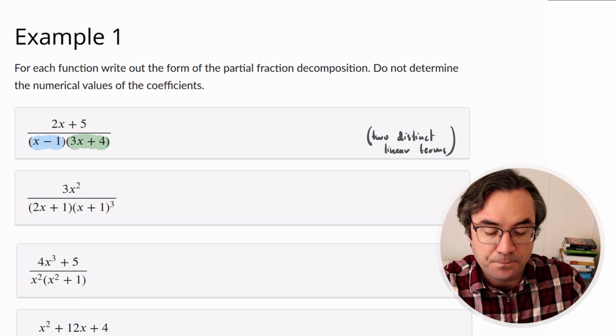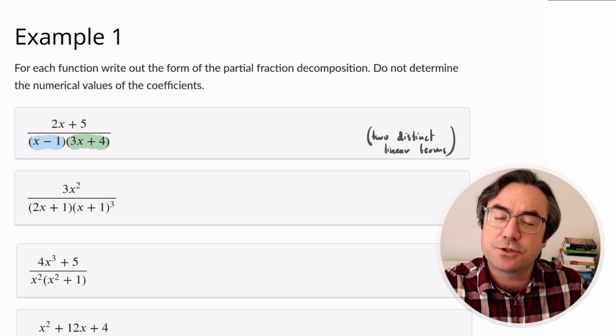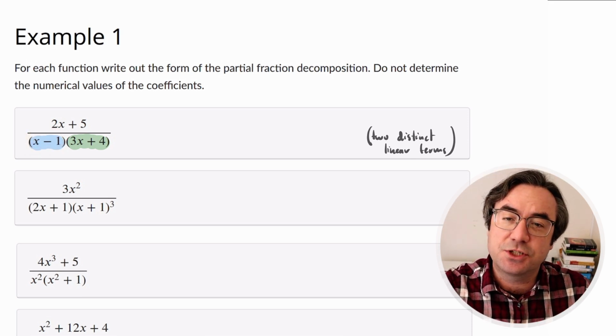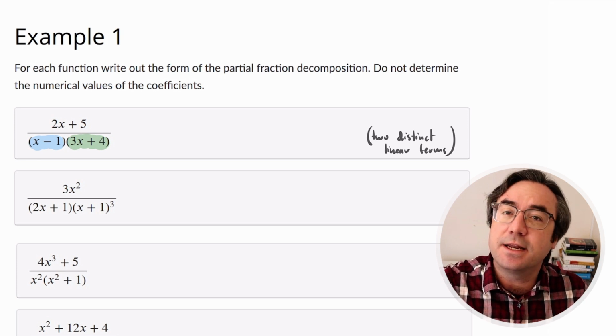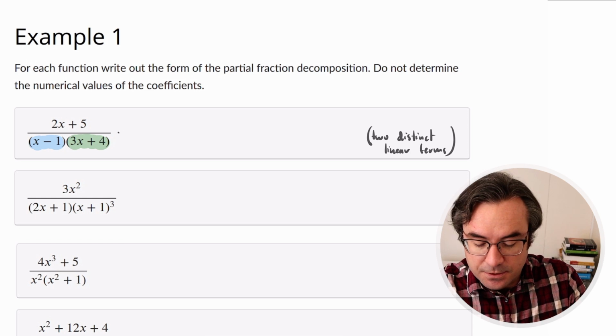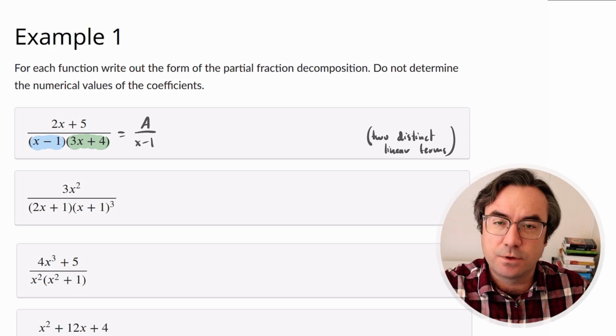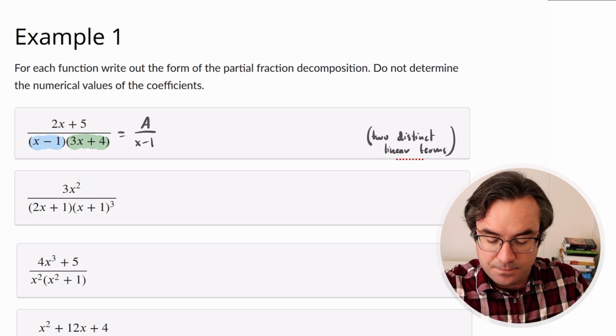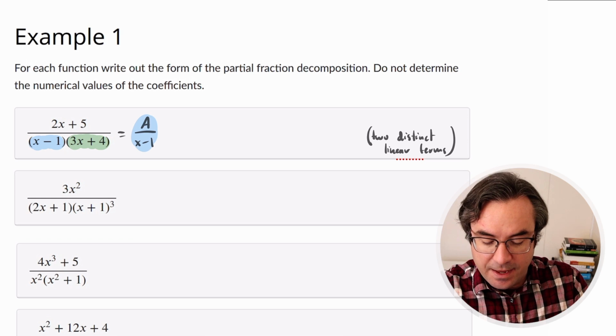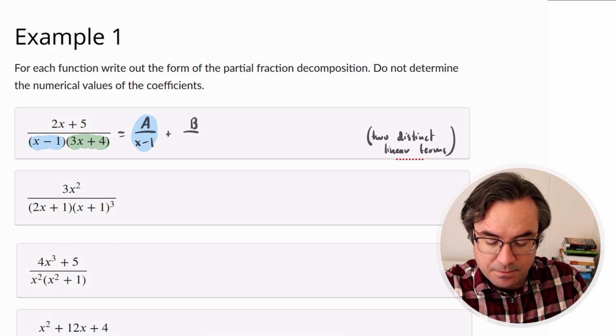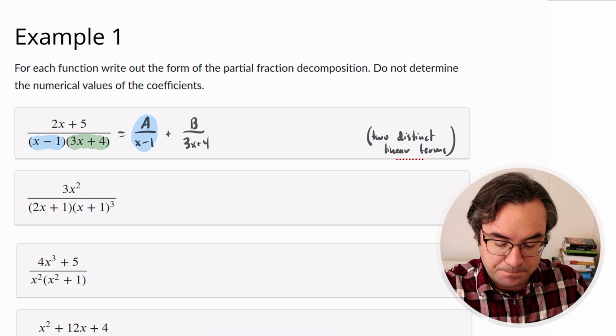Each of these distinct linear terms, when we do our decomposition, when we break it apart, is going to get its own fraction. So first, the x minus 1 will get its own fraction. And then second, the 3x plus 4 is going to get its own fraction.